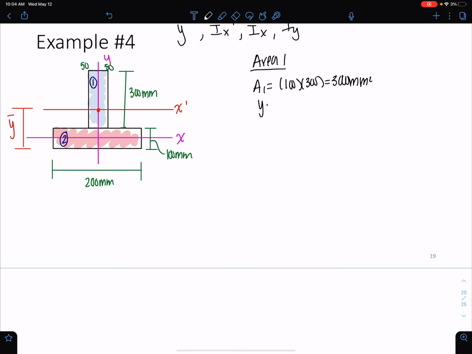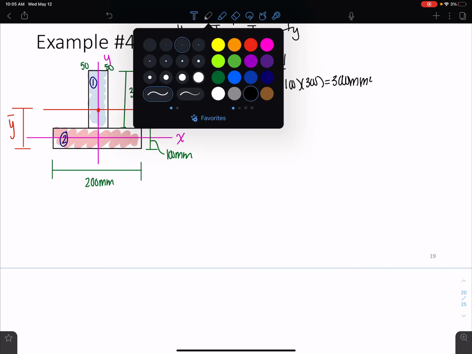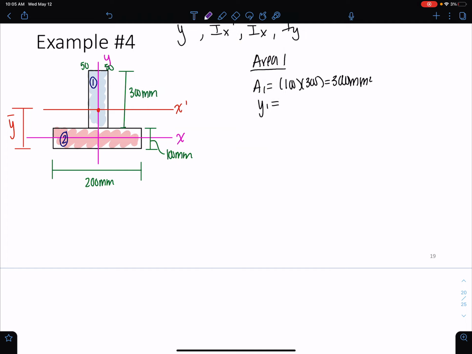And then we have our y1, which would be the distance from the middle of that section to our datum. We're going to do the datum at the bottom now. Which would be 250 millimeters. Just count that out.